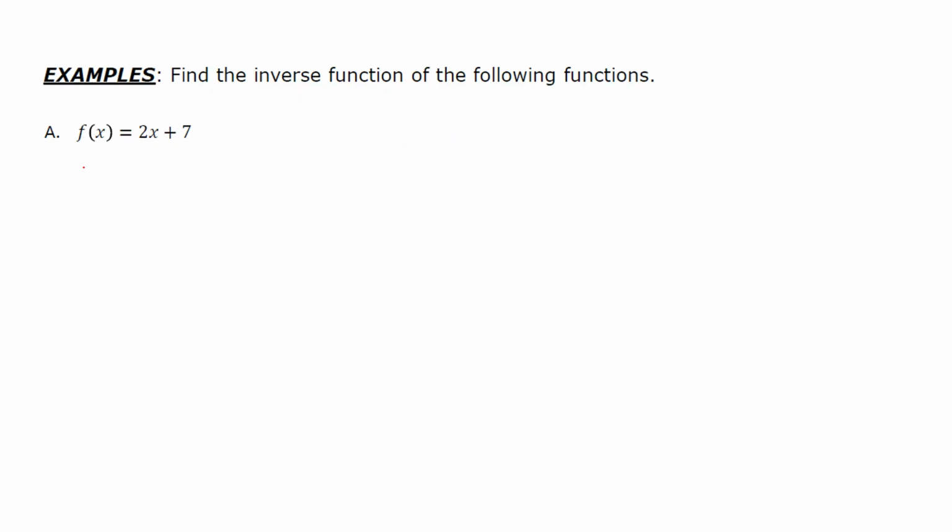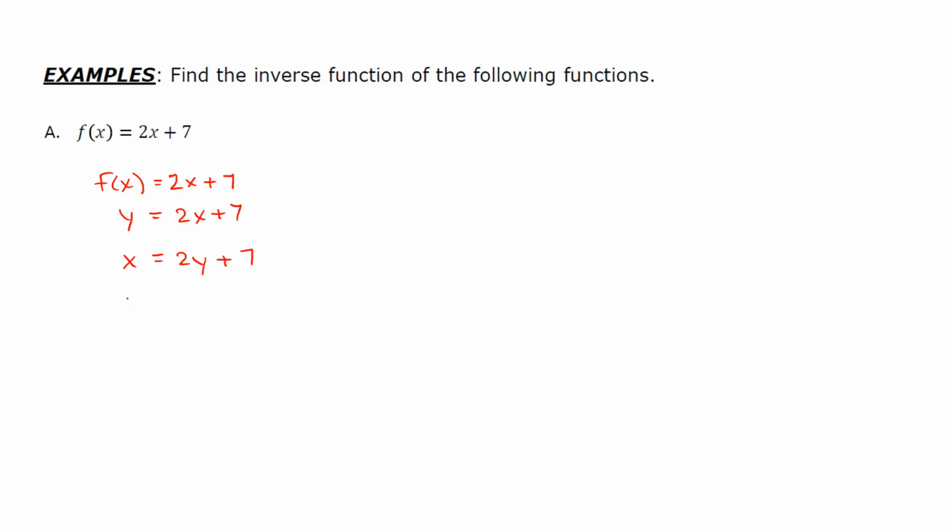All right, so our first step is to replace f of x with y. Our next step is to interchange x and y. So now where there was y, it's now x, and where there was x, it's now y. Now we want to solve for y.